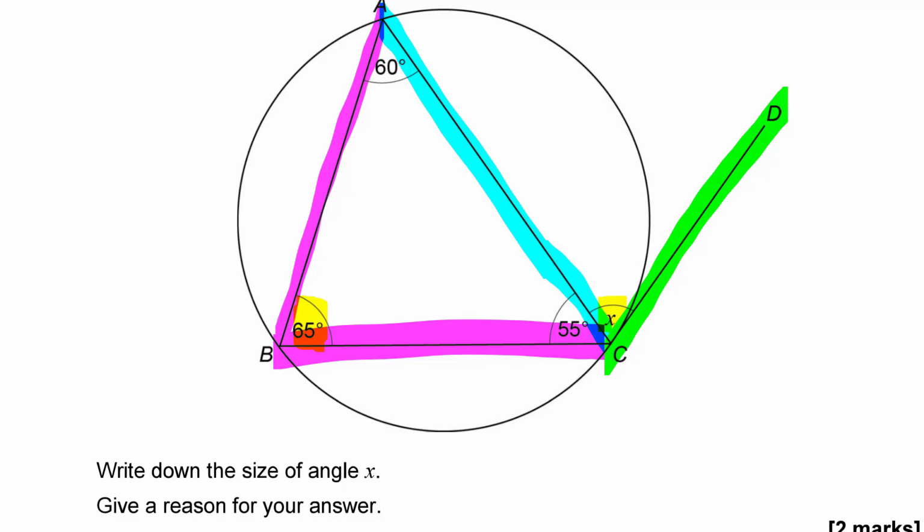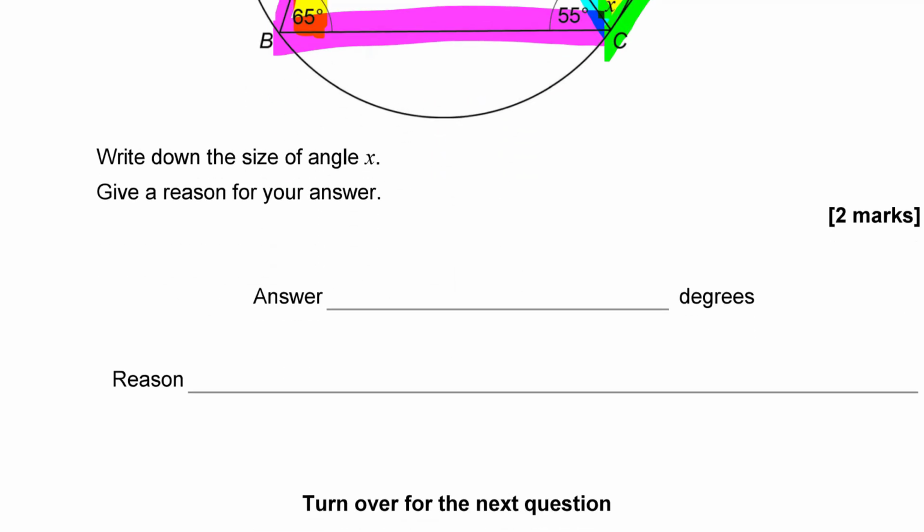So I can just say that x is 65. So x is 65 degrees, and the reason is the alternate segment theorem. That's just enough. Just writing that down as the reason is good enough.